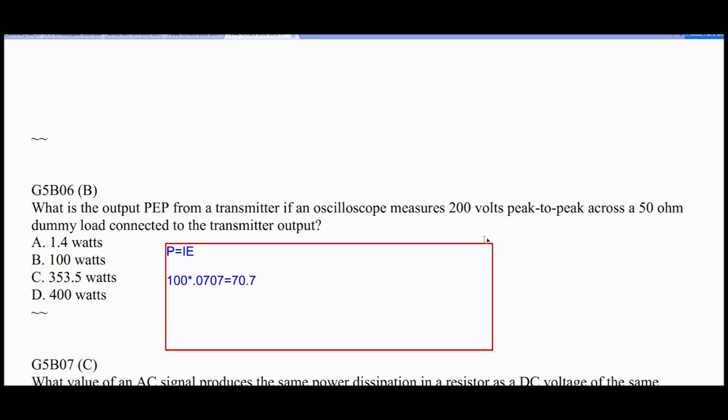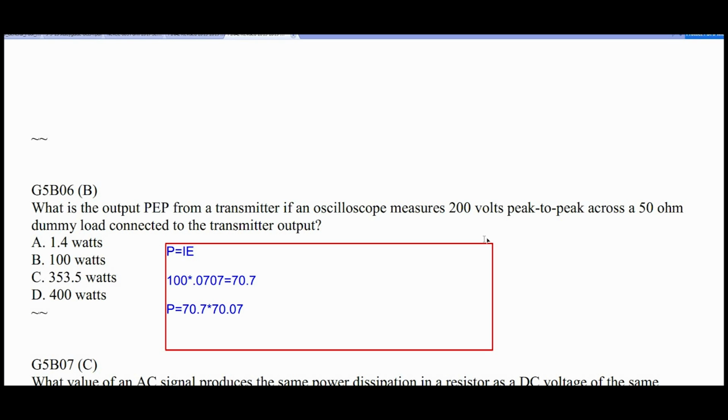We know the voltage. We haven't solved for the current yet, but we can also do it with a little bit of math. P equals voltage squared. So we've got 70. This is a hard question, and I don't know what needs to be on there. I'd rather see a question about operating than one like this that's just so convoluted in its math.